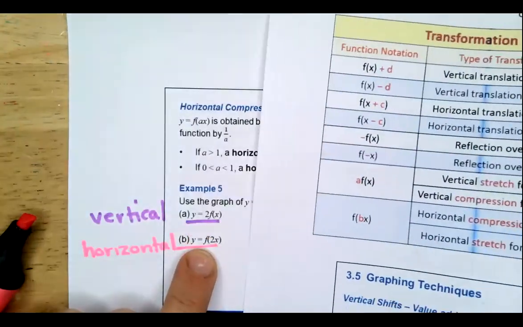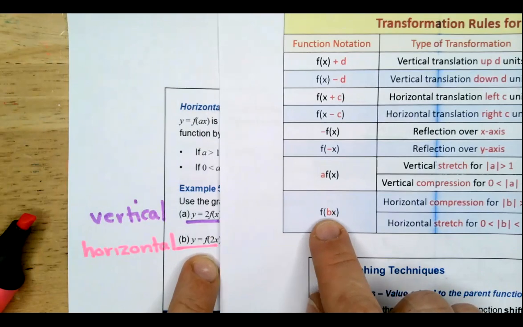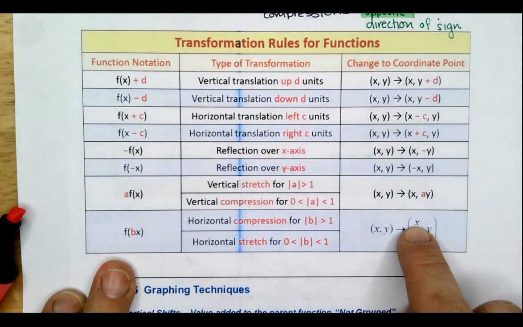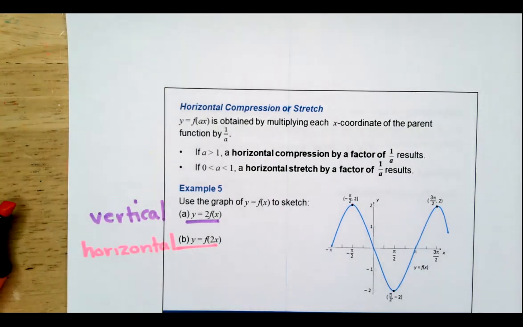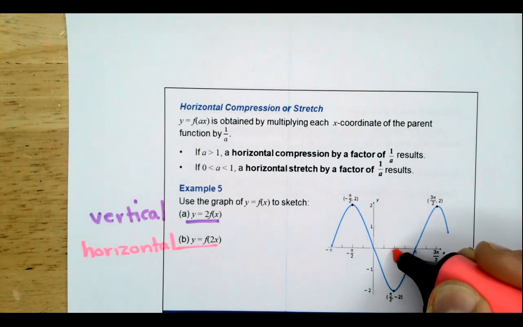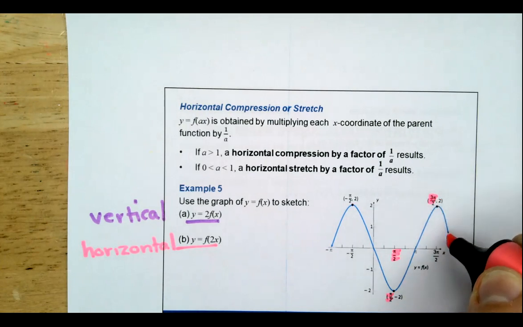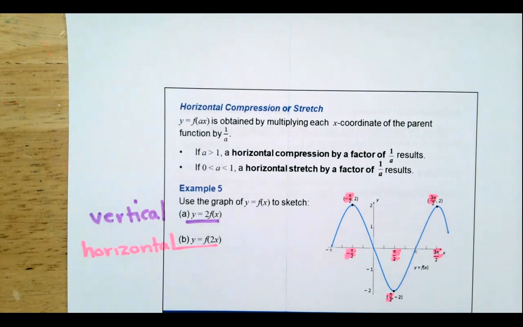We have, let's start with the horizontal. It's what we're focused on. So f of b of x is f of 2 of x. So what we need to do is take x and divide it by 2. So all of our x values now get divided by 2. What are our x values? Pi over 2, right? That's an x value. 3 pi over 2, that's an x value. Negative pi over 2, that's an x value.